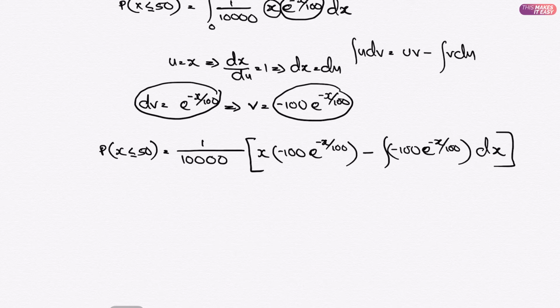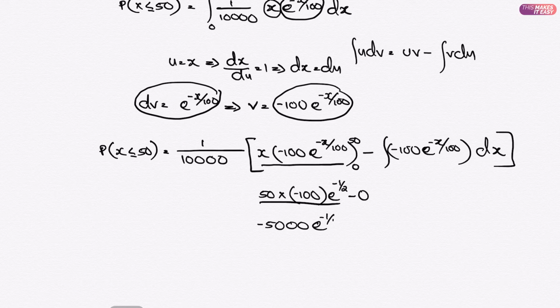Here x will take values from 0 to 50. We can solve this part first. So 50 multiplied by minus 100 e to the power minus 1 by 2, minus 0. So this will be equal to minus 5000 e to the power minus 1 by 2.